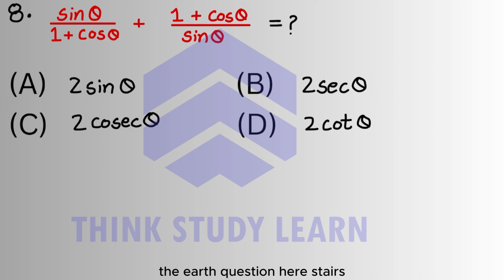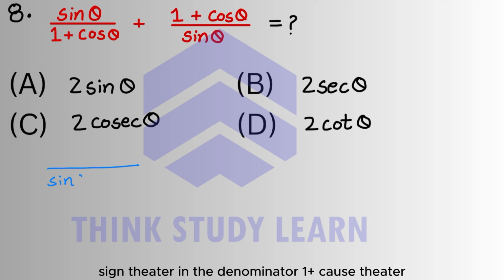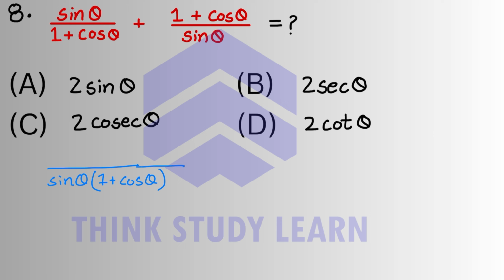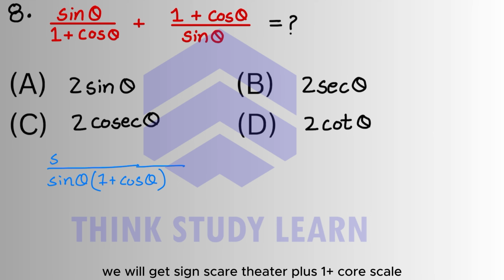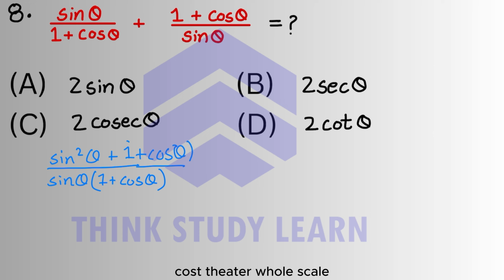The eighth question here states: find out the value of sine theta over 1 plus cos theta plus 1 plus cos theta over sine theta. So taking LCM, sine theta into 1 plus cos theta in the denominator, and in the numerator we will get sine square theta plus 1 plus cos theta whole square.